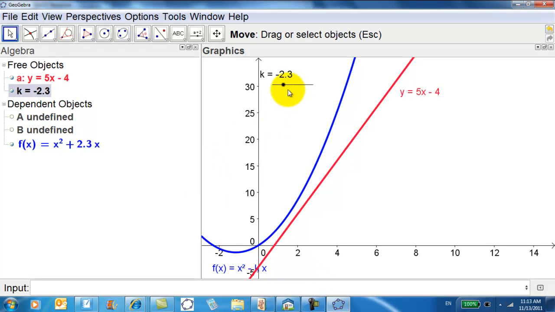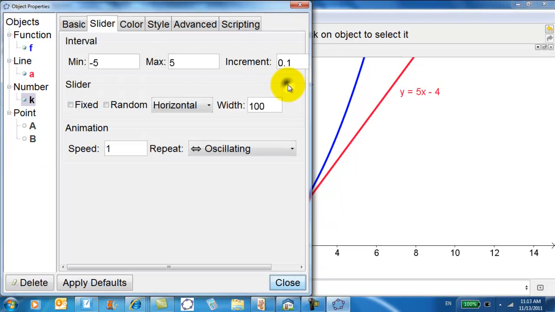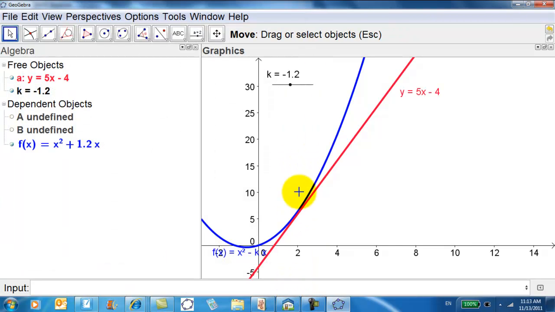Stop the machine. We click on our slider and we change these from, let's say, negative 10 to positive 10, so we can have more range here. Maybe we'll just have the increment be 1 because we already see that our answer is going to be a whole number. Close that up, and now we've got more options for our slider.